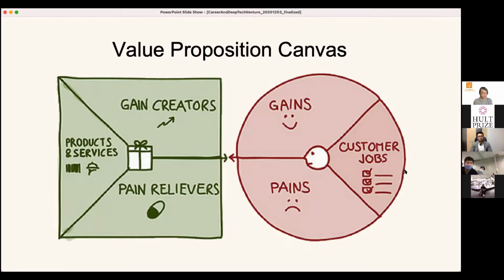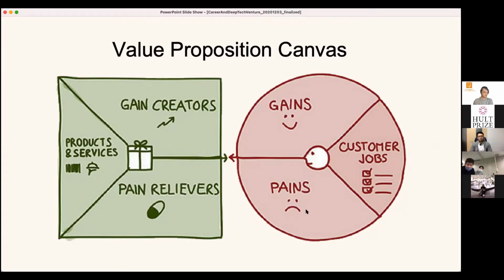So my customer's job is to eat something for their health, or my customer's job is to move from point A to B or something like that. So this can be very abstract or very specific, but the customer's job is some task that the customer wants or needs to do. So that's the customer job.